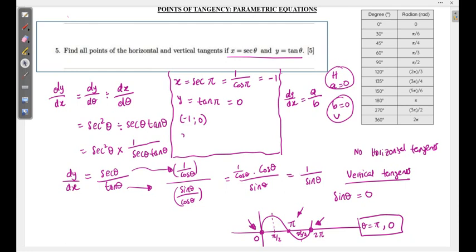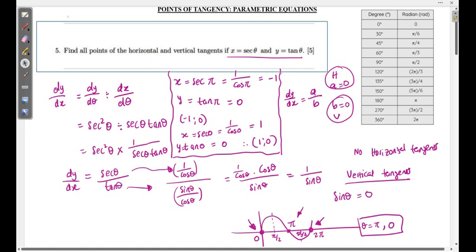Say x is equal to sec 0, which is 1 over cos 0. What do we get? 1 over cos 0 gives 1, and then for y, y is equal to tan 0. When you put tan 0 into your calculator, you get 0. Therefore the second point will be 1 and 0.